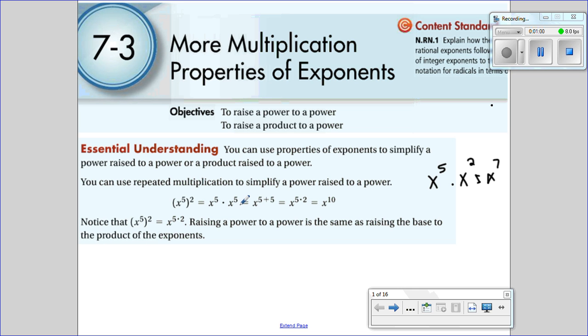If we use the rules from last section, when you have same base and a power multiplied by each other, you add them. And so that would be x to the 5 plus 5. Or 5 plus 5 can also be written as 5 times 2, which is 10. So if you see this and you think about it turns into this, what actually happens is you're just multiplying these two numbers.